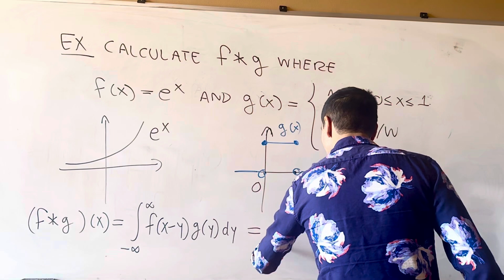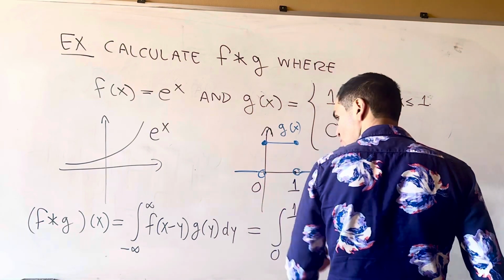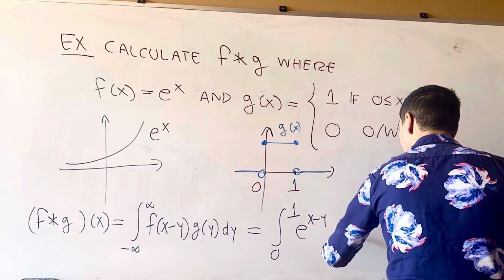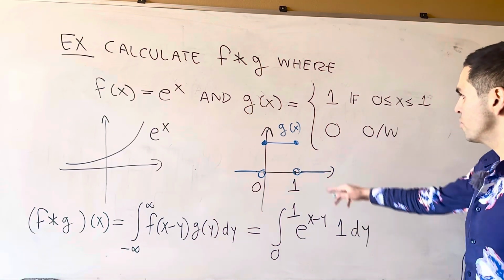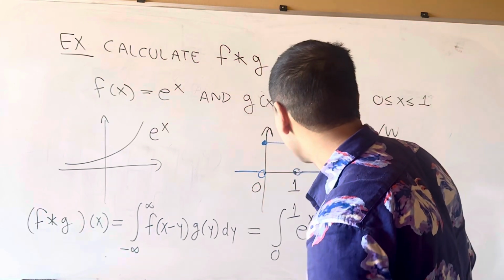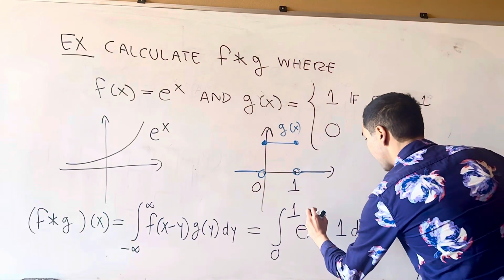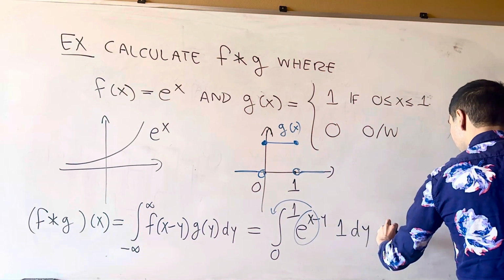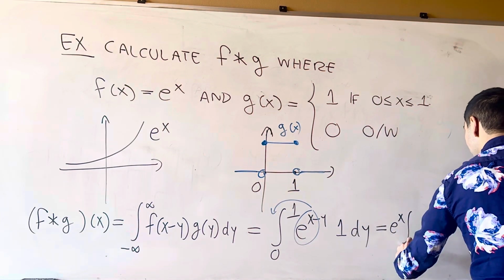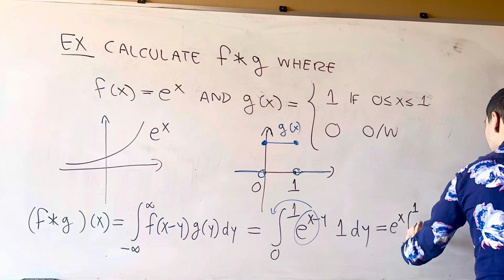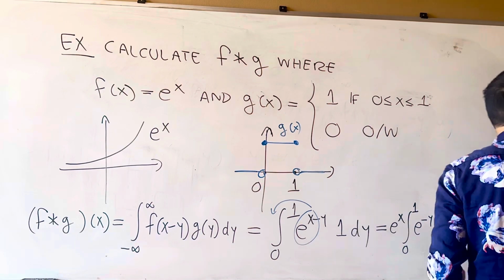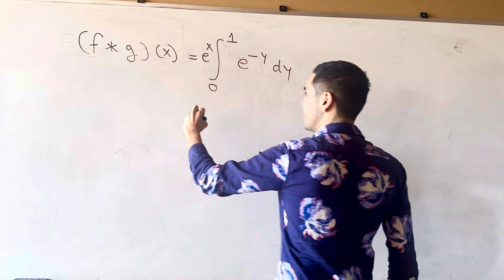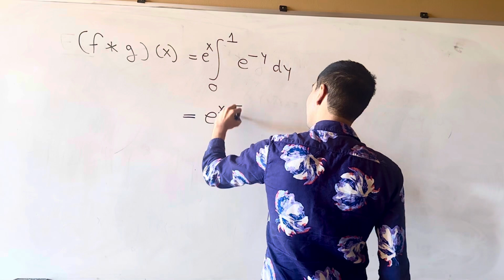So this just ends up being the integral from 0 to 1 of e to the x minus y and then 1 dy, because g is 1 inside that interval. Now, this e to the x doesn't depend on y, so it comes out. So you're left with e to the x times the integral from 0 to 1 of e to the minus y dy.